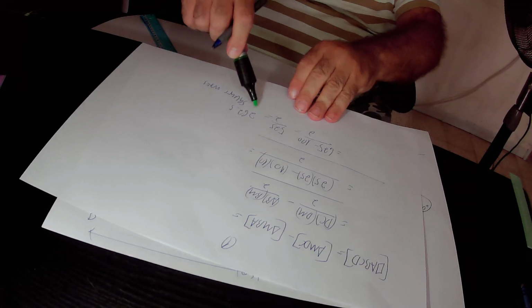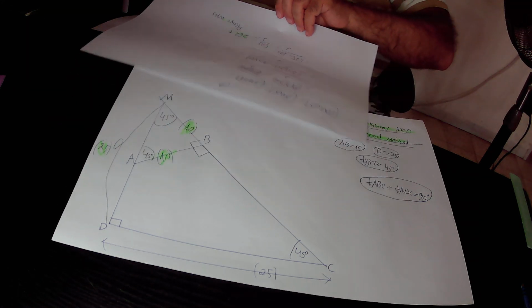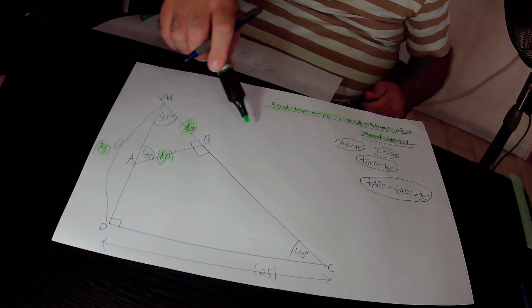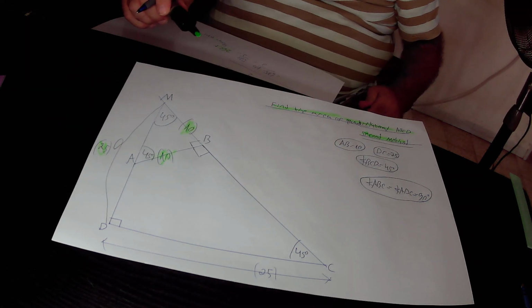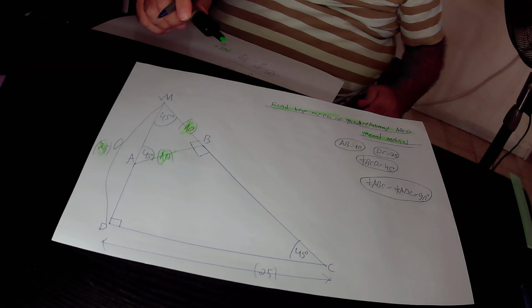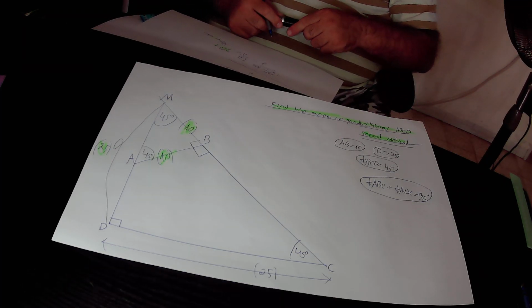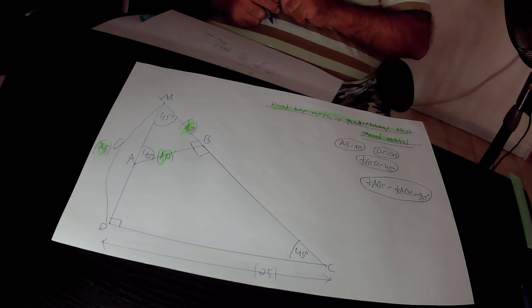So actually, in both methods, we found that the area of this quadrilateral ABCD is equal to 262.5 square units. So we finish with the second question.